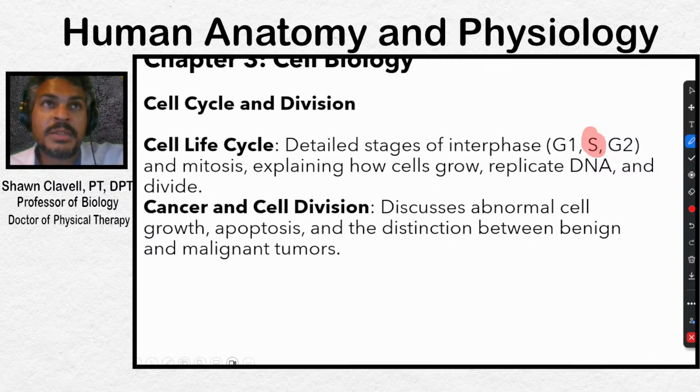So DNA replicates prior to mitosis, which is the splitting or the cell division. And so G1 is a preparatory phase for the replication of DNA, and then G2 is a preparatory phase for mitosis. And then ultimately, the 4 stages of mitosis: prophase, metaphase, anaphase, and telophase.